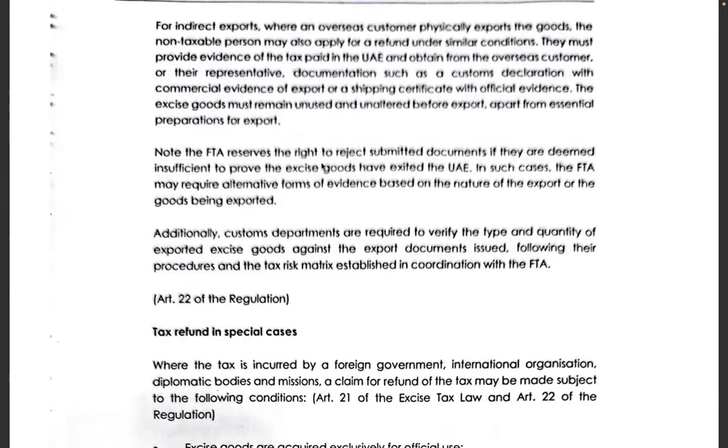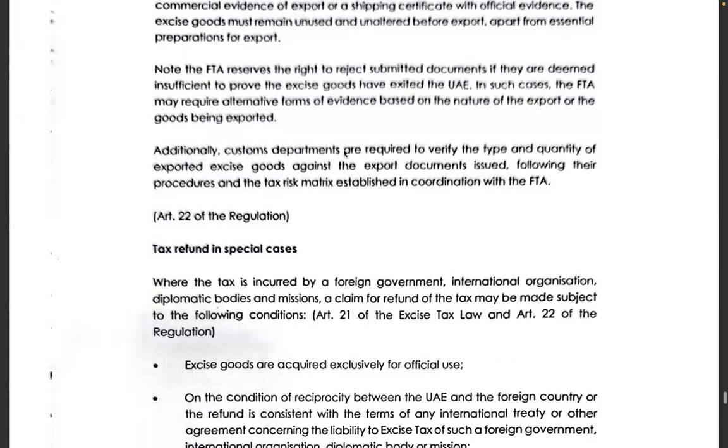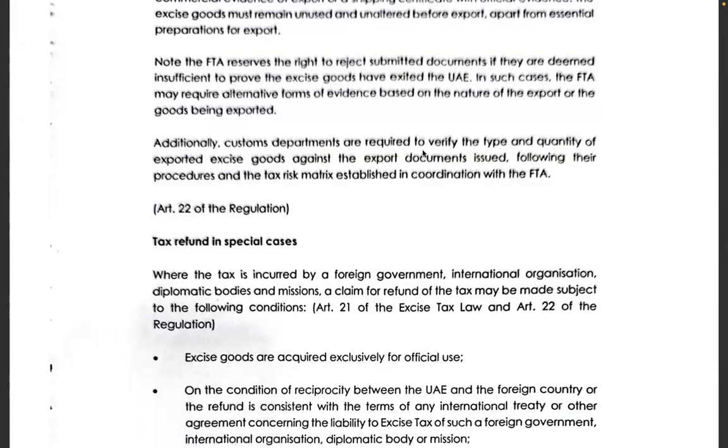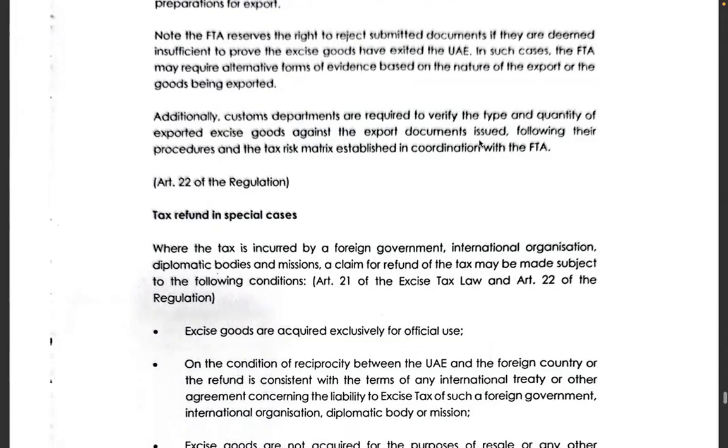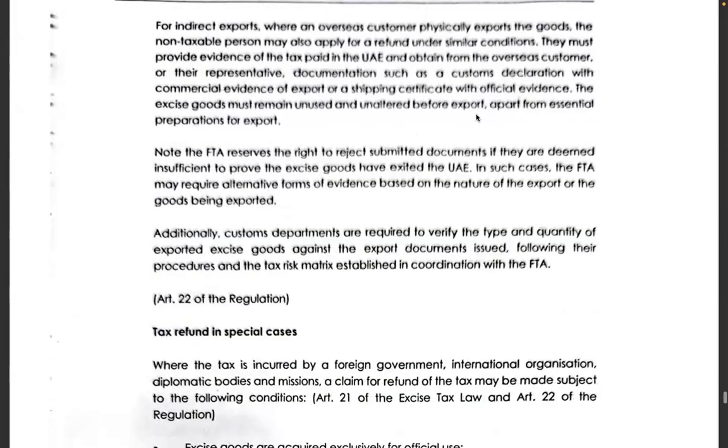Note that the FTA reserves the right to reject the submitted documents and then they will ask for alternative evidence as well. Additionally, the customs department is required to verify the type and quantity of the goods against the export documentation. So that was the indirect export.